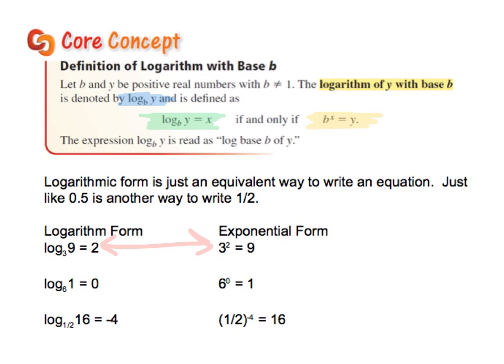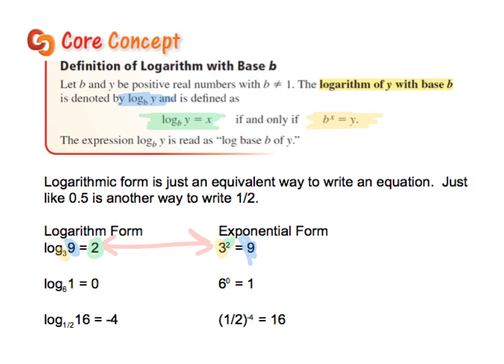If you notice, when it says log base 3, the base is 3 over here on the left, and the base is 3 over here on the right. Also notice that what it equals, the log base 3 of 9 equals 2, that 2 is the exponent, and it's just a different way of writing it using the same numbers.